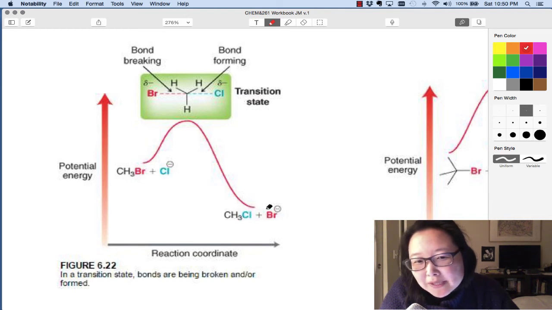The chloride is replacing the bromide. Okay? So obviously the bromide has to come off and the chloride has to come on. So here's the bromide coming off, so it's breaking away, and here's the chloride coming in and forming a bond. So they both look the same in terms of the dots. The dotted line means that we're breaking or forming bonds. So this in itself is not a molecule. This is just the way that we think of this process happening.